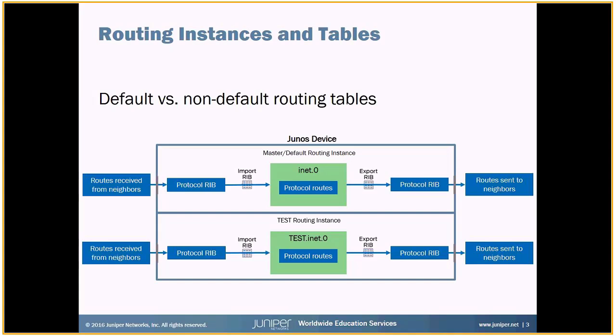So it's important to keep in mind there's this default position that any given route naturally fits into in a Junos device. Anything that varies from that default position or placement is a non-default location for that route. That's a concept that's important to understand as we go forward here.